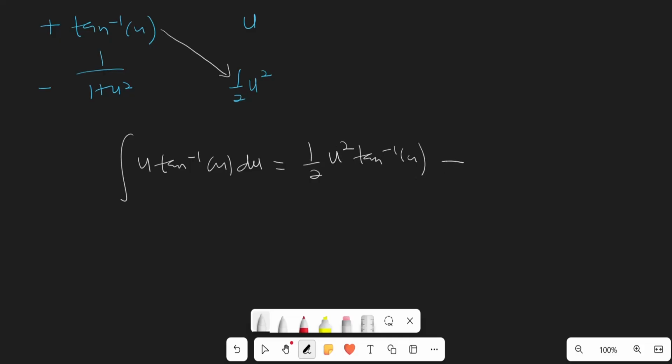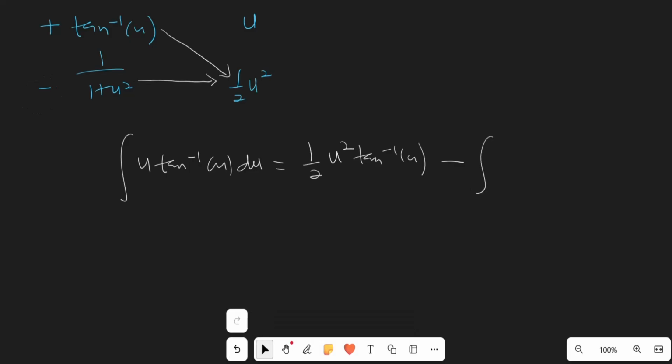Next, minus the integral. When you're multiplying terms horizontally, that is going to be taking the integral. So you take the integral of the product, which is 1/2 times u squared times 1 over 1 plus u squared du.